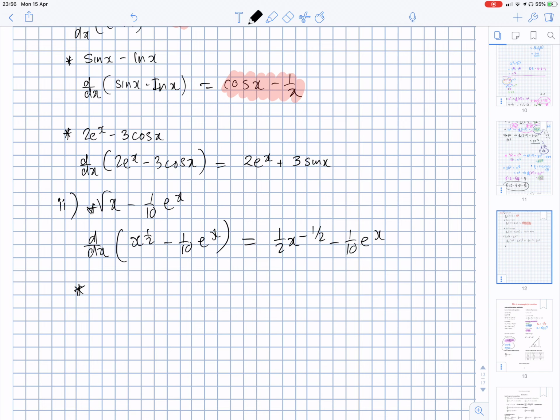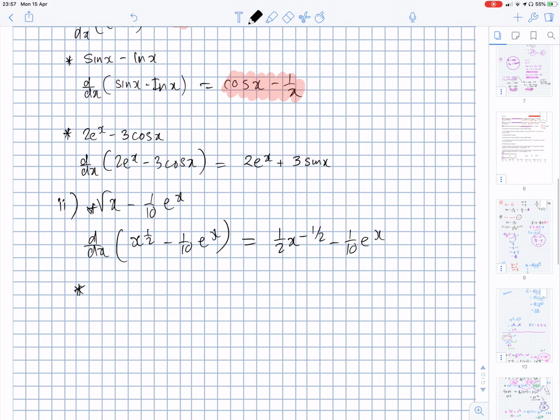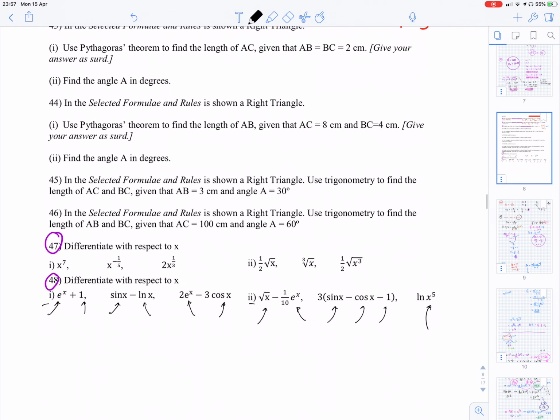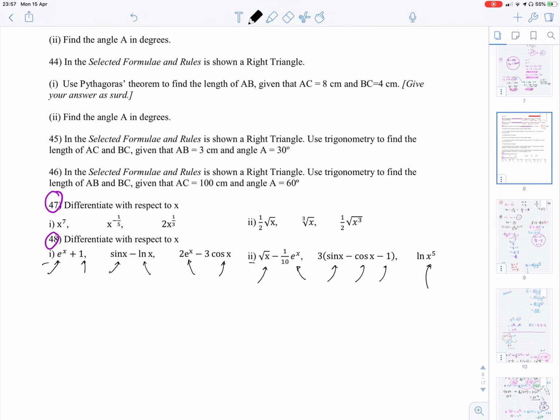And then we're going to go for the second one, which basically is three brackets.